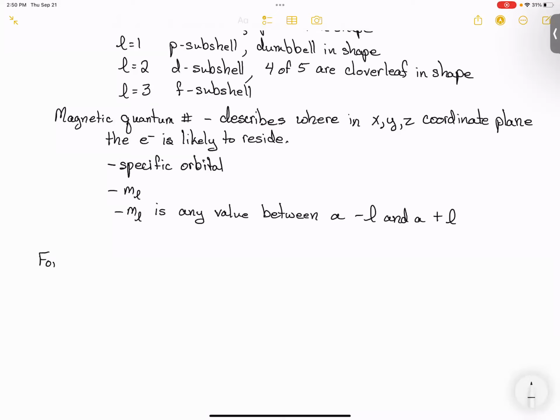For a set of quantum numbers to be valid, the quantum numbers have to follow the rules.